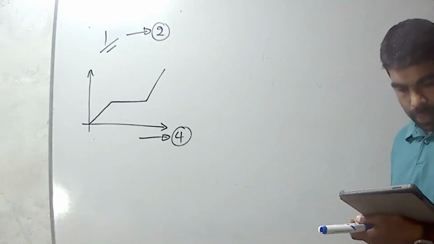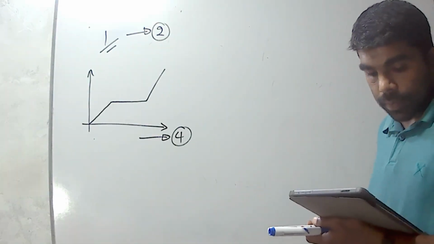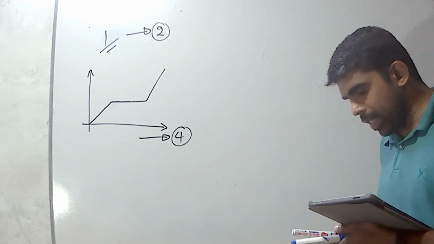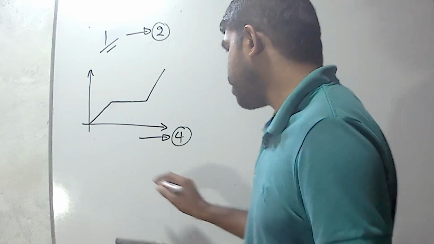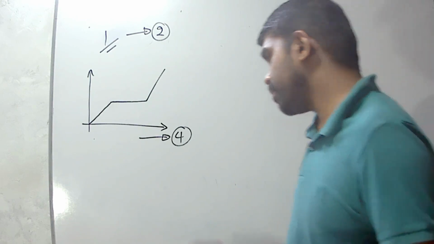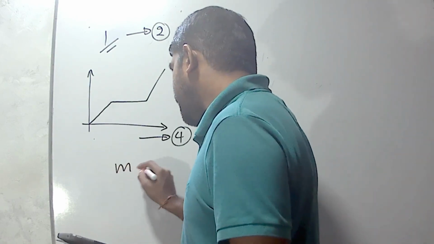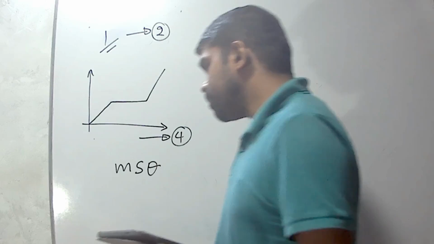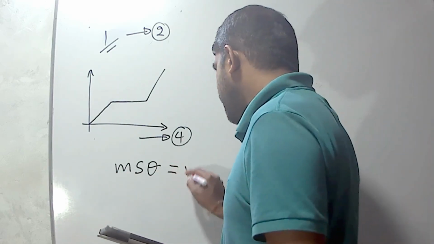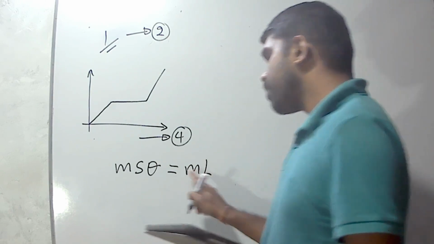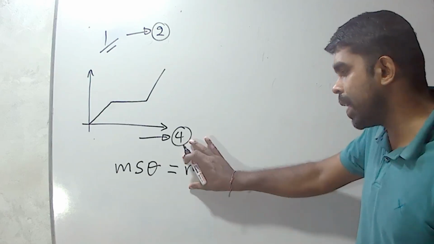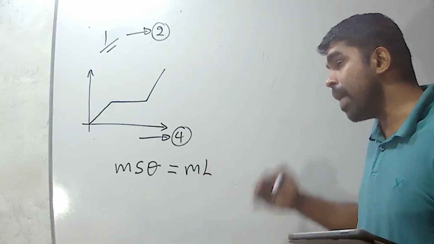First statement, as the ice cube was wet. You know that when using the mixing method, heat energy absorbed by water, that is m s theta, should be equal to m L. m L means heat energy absorbed by ice when melting.